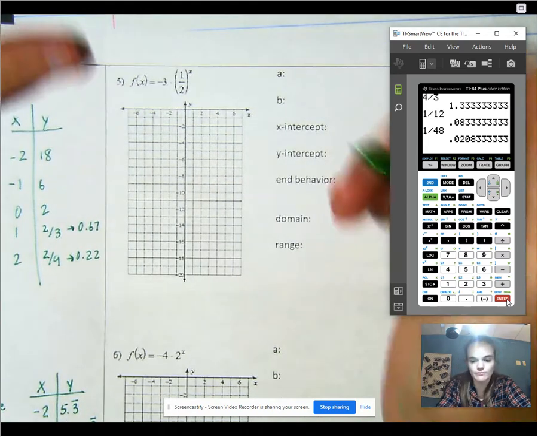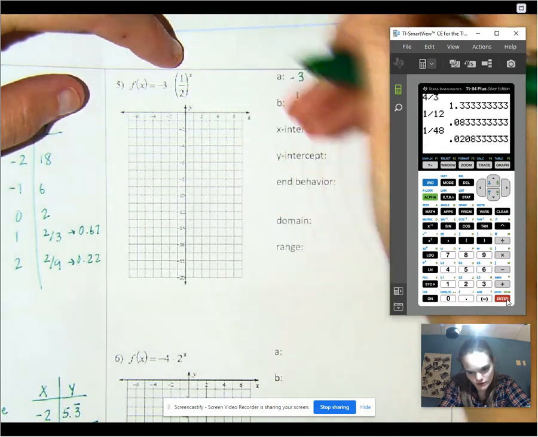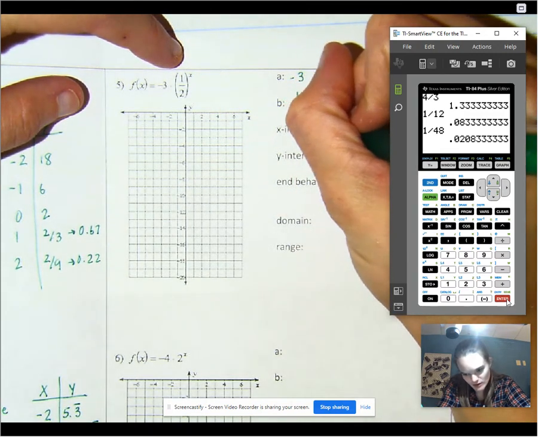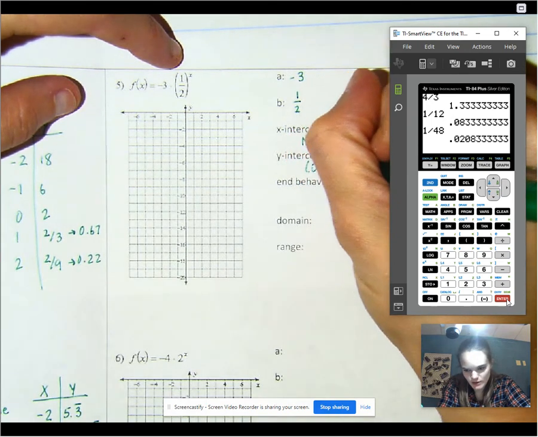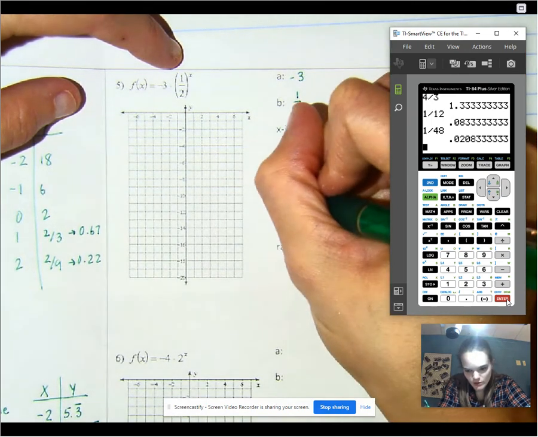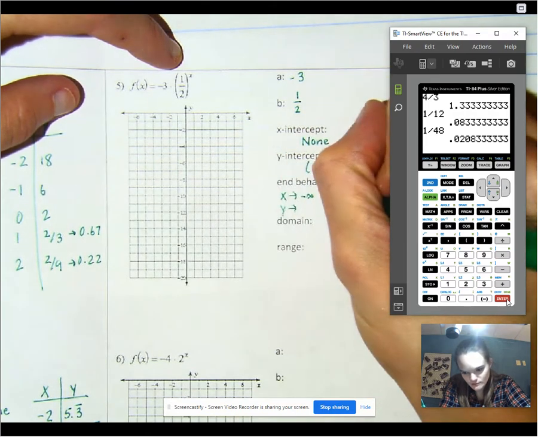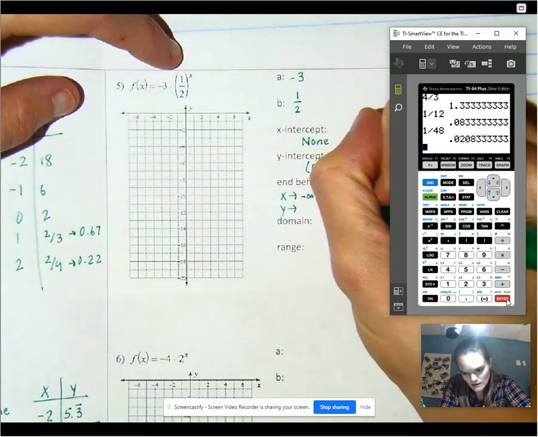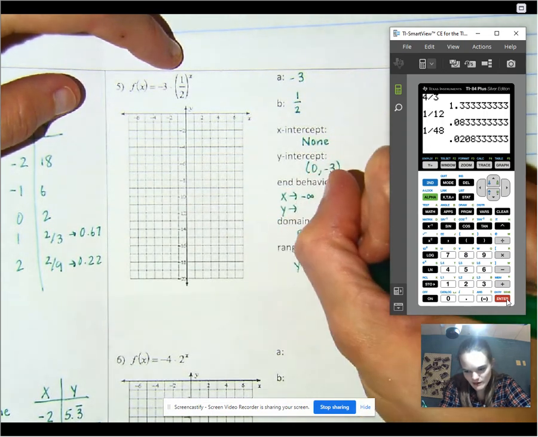A is -3. B is 1/2. There's no plus or minus, so the x-intercept is none. The y-intercept is 0, -3. We don't know the in behavior until we graph it. The domain is all real. The range is y is something compared to 0.